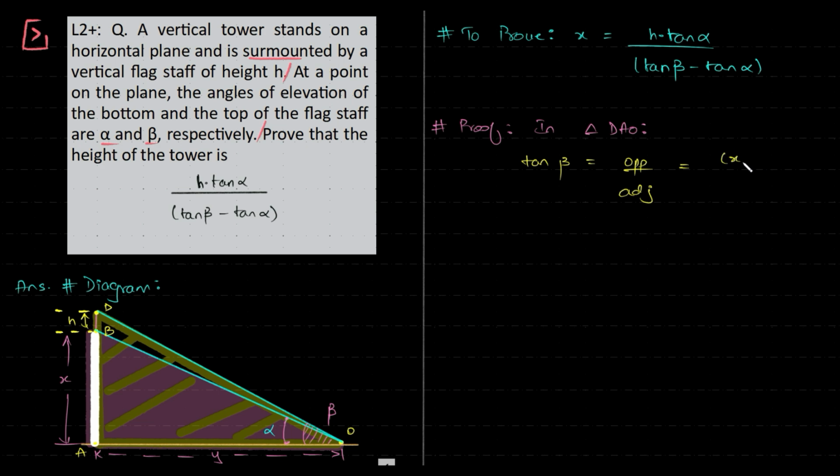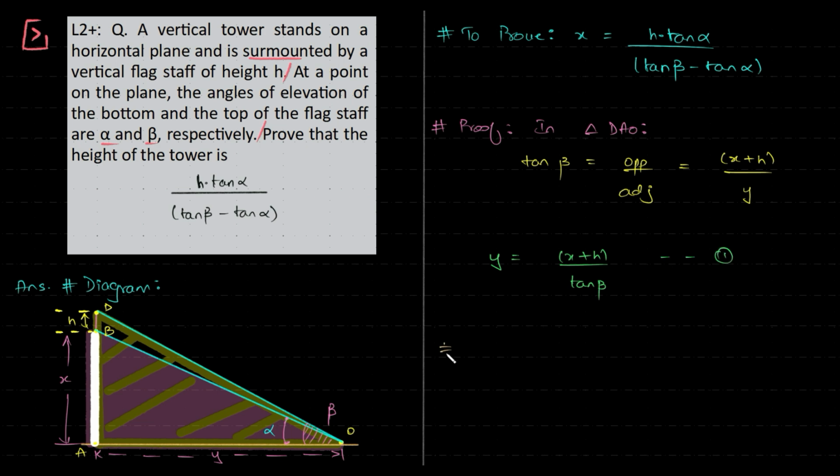So we got an expression for h and x together, and then y. So I will get an expression for y because we have to substitute y itself. So x plus h divided by tan beta. So that's your y. We'll call this 1.